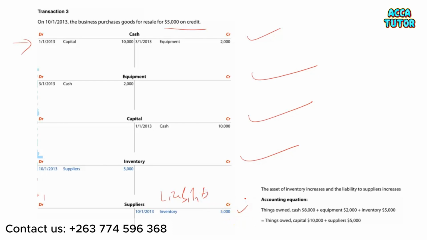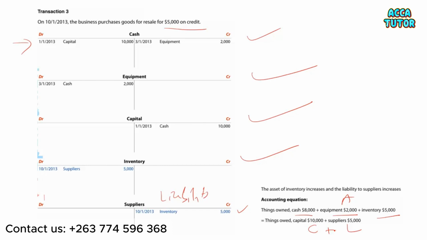All right. So this time around, we now have the accounting equation. It has got the assets of the cash 8,000 and the equipment plus the inventory now, because we bought inventory on credit. So all these represent the asset. And then we have got the capital, the C here, and the liability.